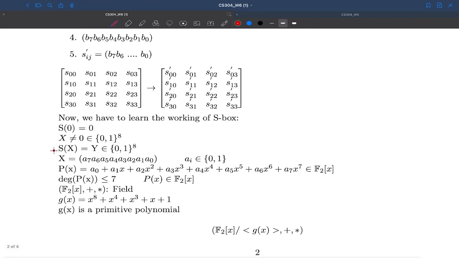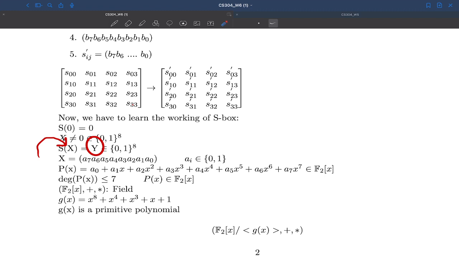I told you that the S-box will take one 8-bit string and output an 8-bit string. So I transferred this 8-bit string to my S-box, and it transformed it to a P(x). And now what the S-box is doing, it's finding its inverse. So first of all, it made the 8-bit string into a polynomial, and then it found its inverse, and from that inverse polynomial, I again transformed it to binary, and that binary is the output of my S-box.